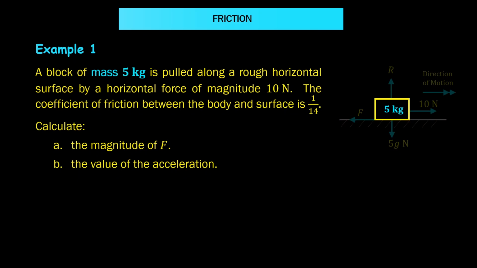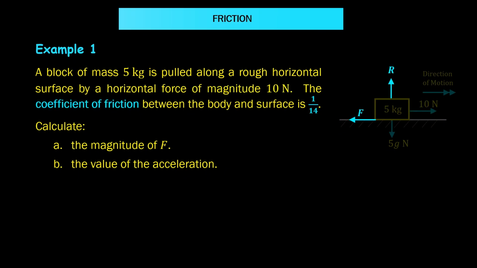So let's solve this. Here's our mass, 5 kilograms. Here's the reactionary force and the force of gravity, or the weight, 5g newtons, and the force being applied, which is of magnitude 10 newtons.